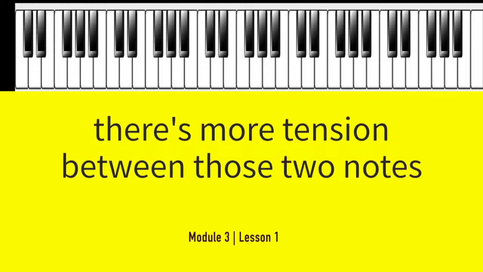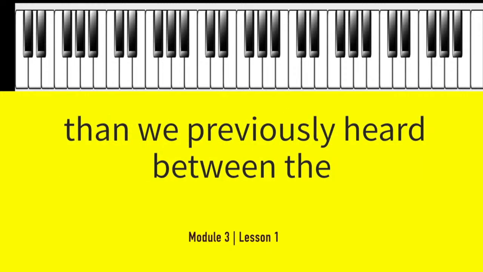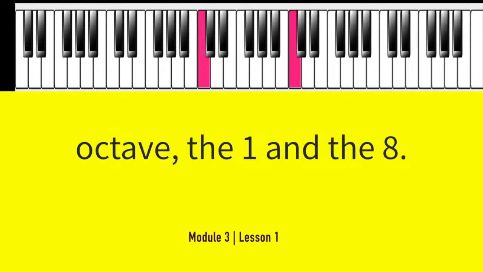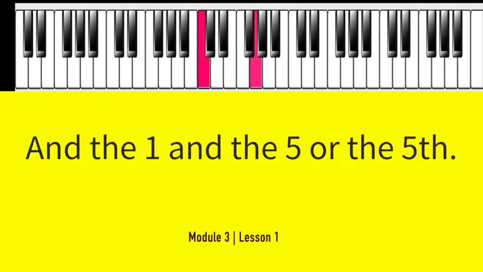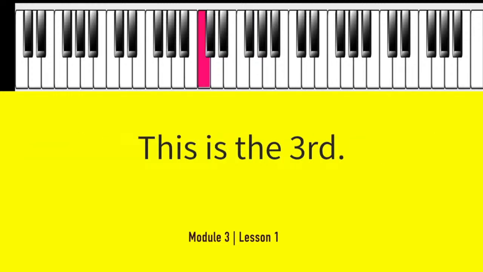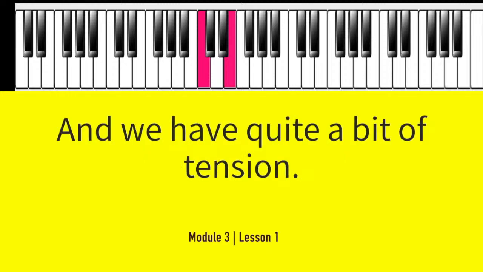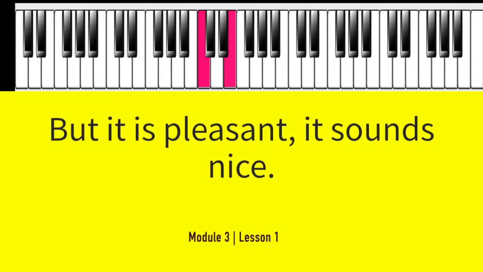As you can hear, there's more tension between those two notes than we previously heard between the octave, the 1 and the 8, and the 1 and the 5 or the 5th. This is the third, and we have quite a bit of tension, but it is pleasant. It sounds nice.